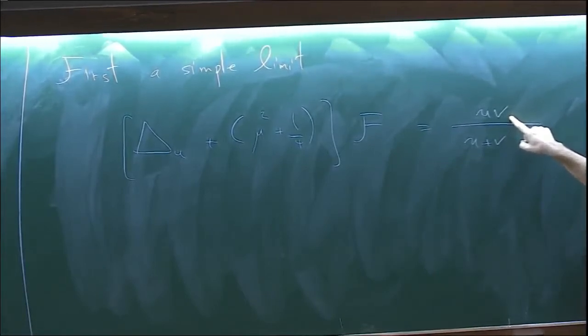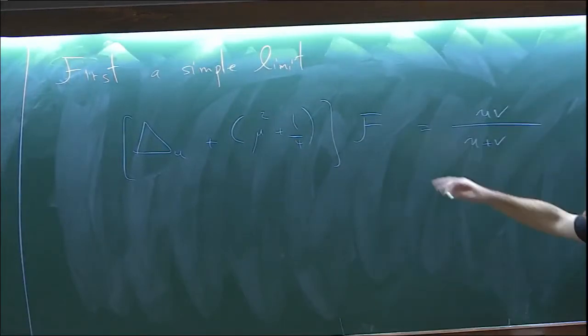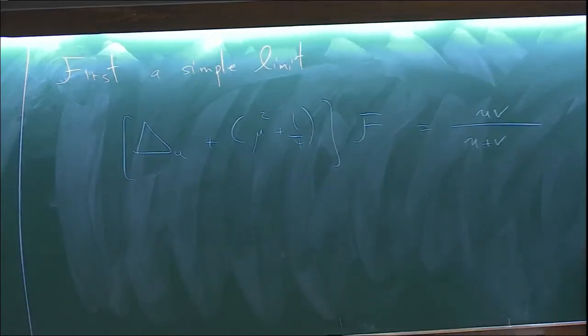I'll make the source small by making v small. Okay? So I'm going to make v small, but I'm going to scale u with v. So I'm going to say u is x times v. And I'm going to write f itself will look like v times some f hat.